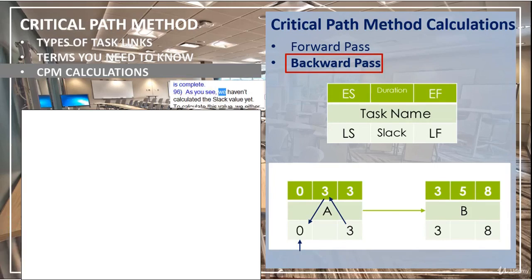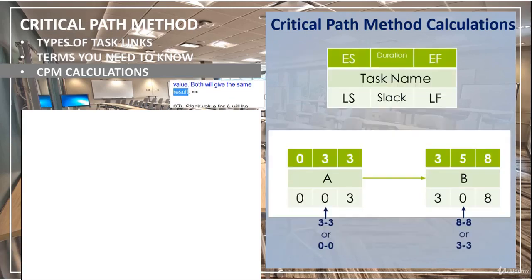As you see, we haven't calculated the slack value yet. To calculate this value, we either subtract ES value from LS value or subtract EF value from LF value. Both will give the same result.